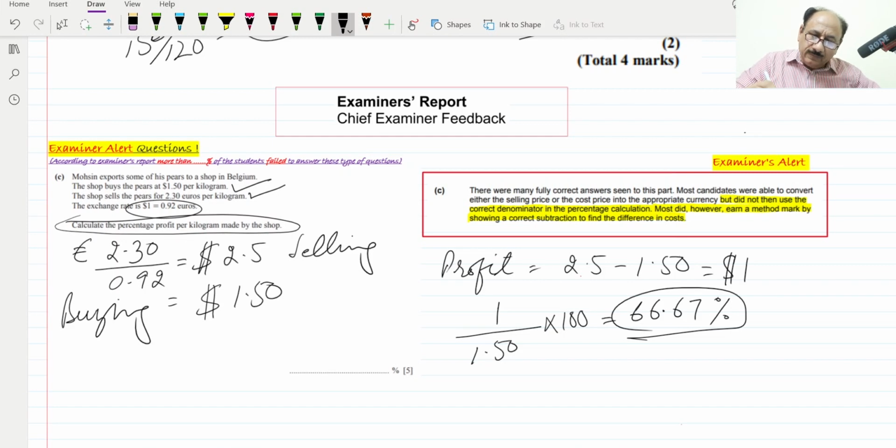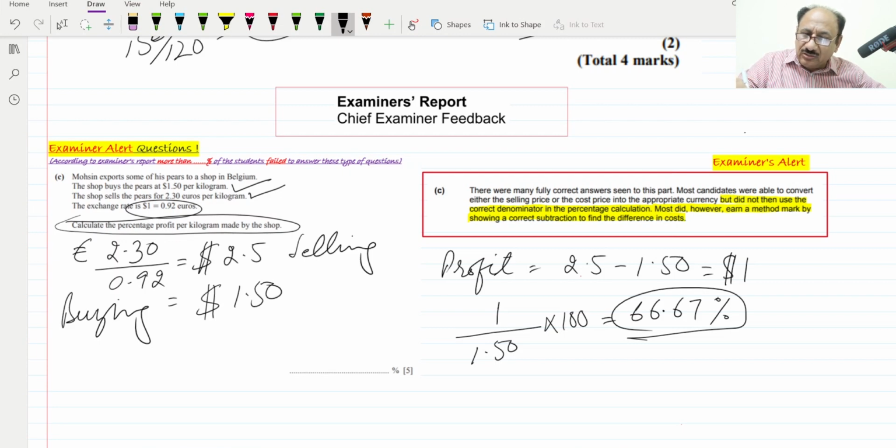Now in this question, if we go through the examiner's report, it is saying there were many fully correct answers seen to this part. Most candidates were able to convert either the selling price or the cost price into appropriate currency, but did not then use the correct denominator in the percentage calculation.